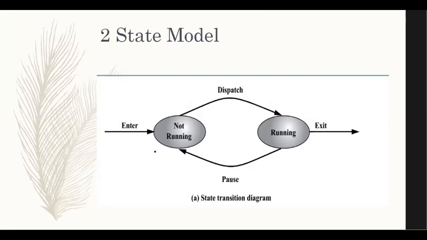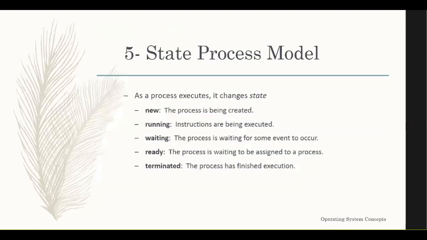Now we had picked that this not running state consists of so many different functionalities which are incorporated in one state. Hence, we moved into the next state model, that is the five state model, where we had divided our not running state into multiple parts: new state, ready state, or waiting state.